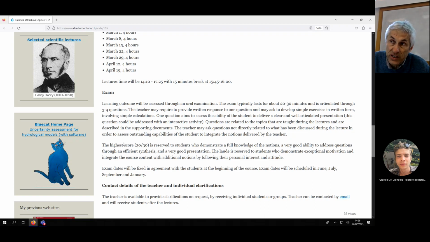An engineer must be very practical and should be able to integrate in the best way theory and practice. So good knowledge means good knowledge of the theory, but this must be associated with a good knowledge also of the practice.